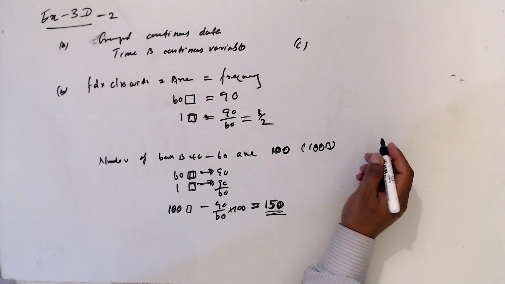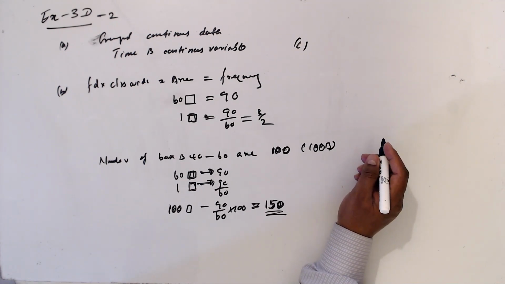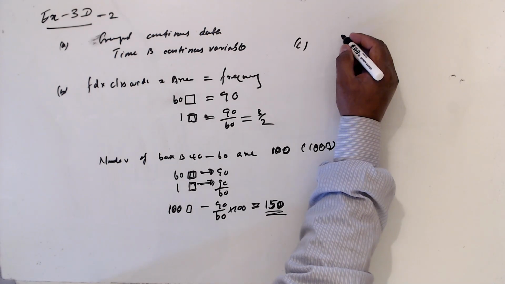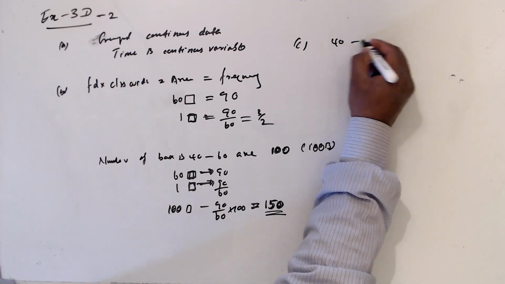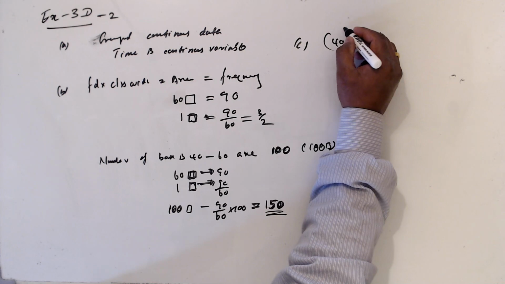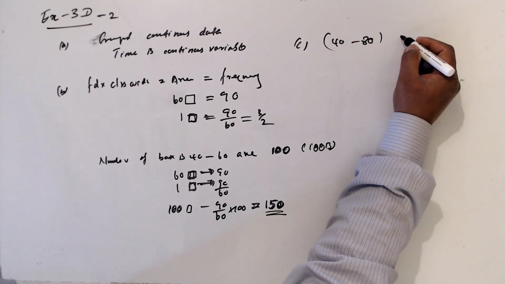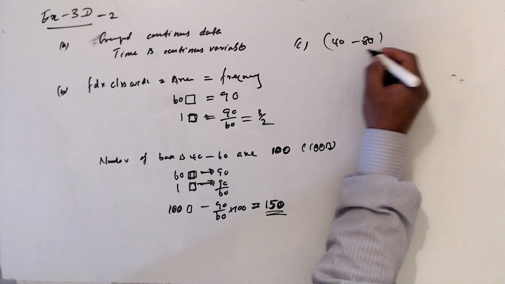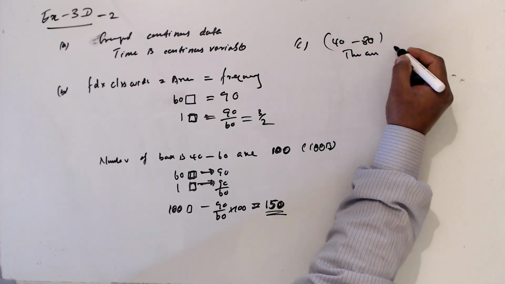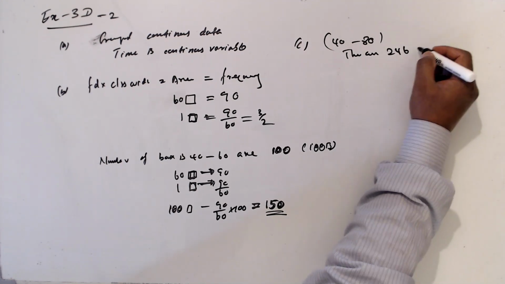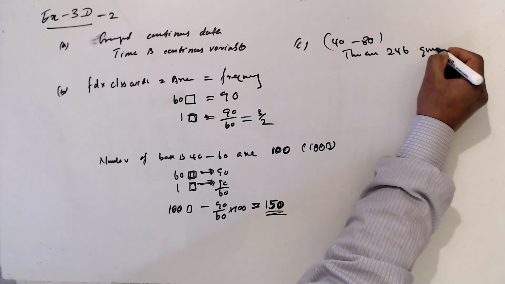Part C, find the number of students who took no less than 80 seconds. Then the boundary is going to be 40 to 80. In this class interval we need to find the number of small squares. When you count, you can see that there are 246 squares.